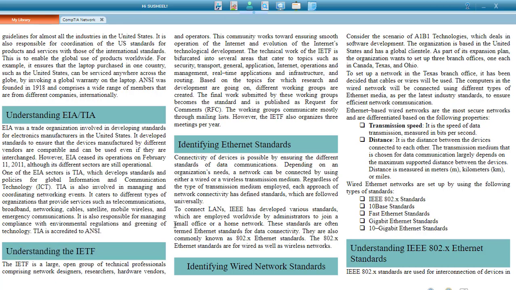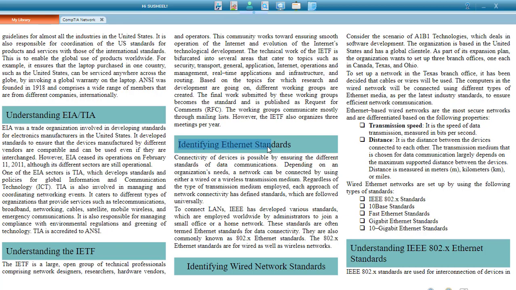Understanding the IETF. The IETF is a large, open group of technical professionals comprising network designers, researchers, hardware vendors, and operators. This community works toward ensuring smooth operation of the Internet and evolution of the Internet's technological development.